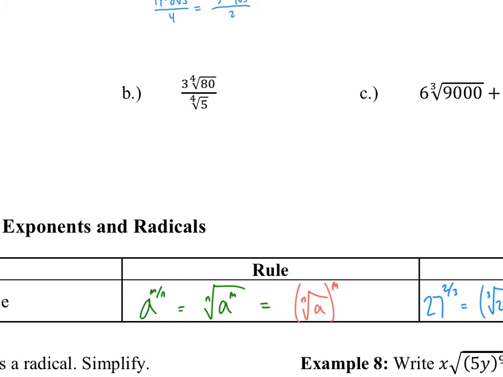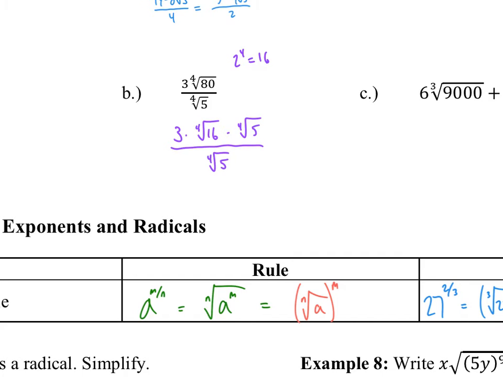I'm going to rewrite this as 3 times the 4th root of 16 times the 4th root of 5, all over the 4th root of 5. So what happened there is I recognized that 16 times 5 is 80, and 16 is a perfect 4th power, because 2 to the 4th is 16.